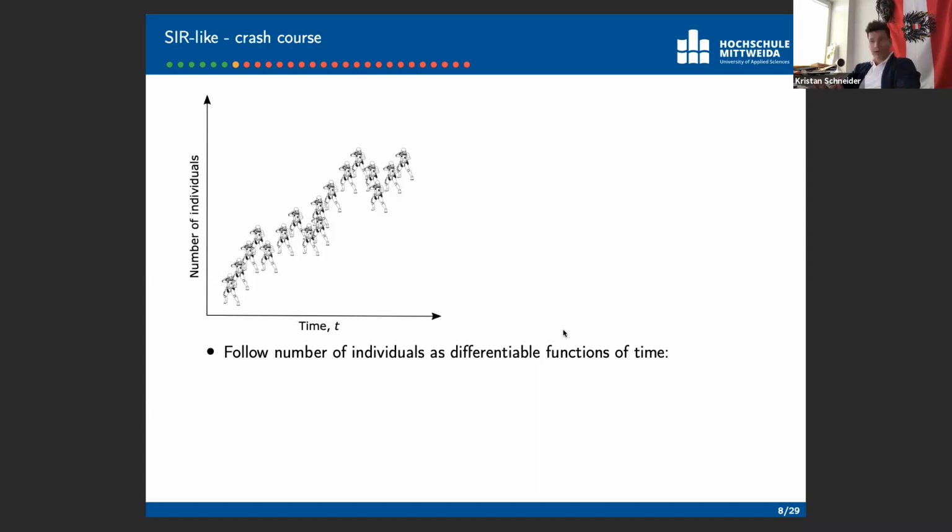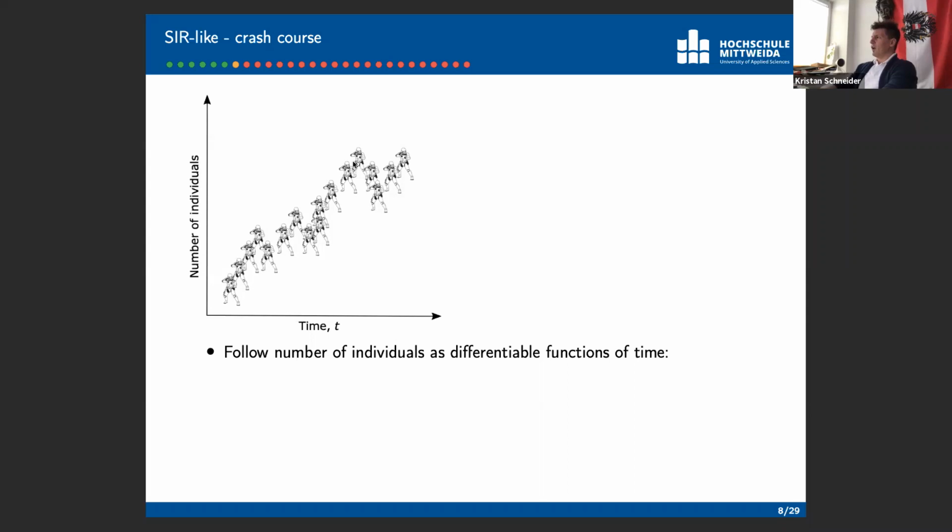Now, how is that possible? Typically we follow the number of some individuals over time, and obviously individuals are something discrete. Imagine it's the number of infected individuals. They are increasing and then they decrease a bit, and so on. But it's in discrete chunks. That is what's going on in the real world.